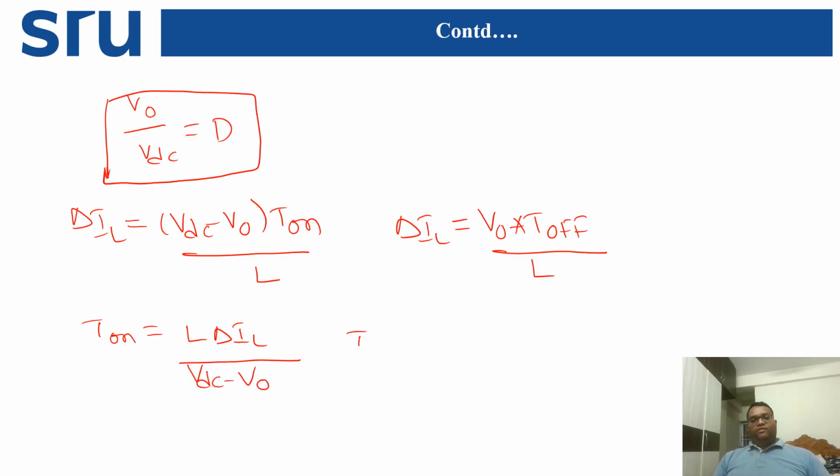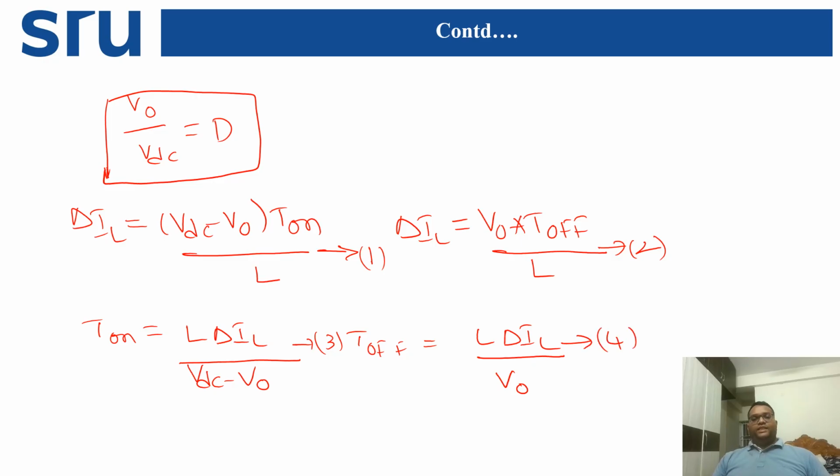Now T off is equal to L into delta IL divided by V naught. Let us assume these will be equation numbers 1, 2, 3, and 4.